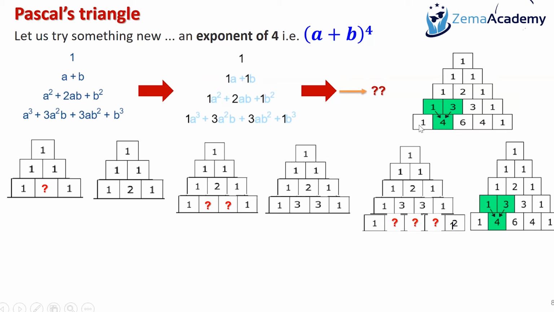So now for a plus b whole to the power 4, the first term is a to the power 4. The next term is 4a to the power 3, and b should be there, isn't it? Yes, good. And then the next term should be 6a to the power 2 b square, then 4ab cube, and b to the power 4.